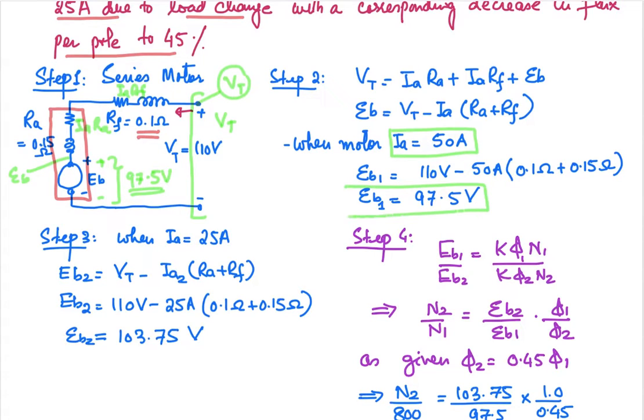At 50 ampere, this was the back EMF when the armature current was 50 ampere. Now if your armature current reduces to 25 ampere, your back EMF changes.